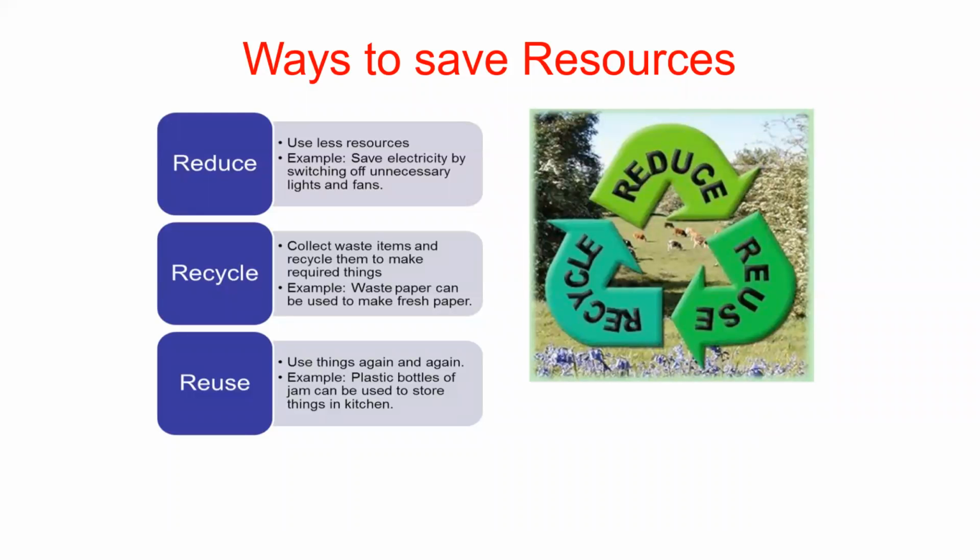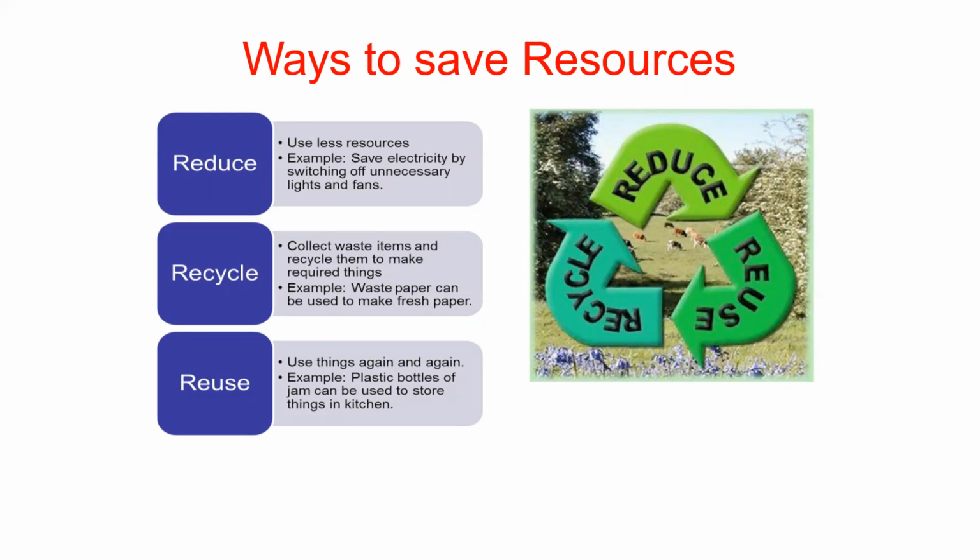Different ways to save resources. To save resources, we need to remember the 4 R's: refuse, reduce, reuse, and then go for recycle. I repeat, we need to follow the 4 R's. First is refuse. Refuse the things that are not good for our environment. Refuse the usage of non-biodegradable things.